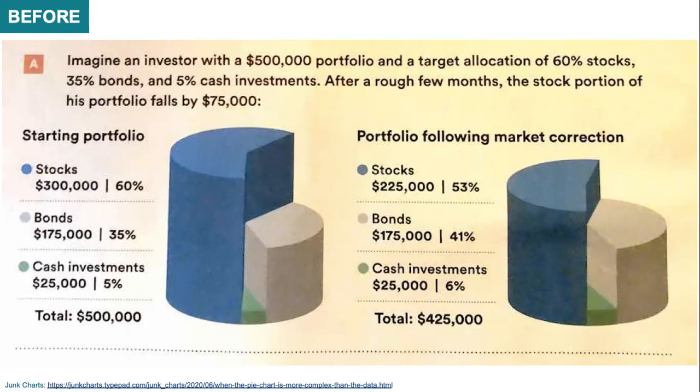I agree. Yes, it's unclear what the focus is meant to be. There's so much going on that it's unclear what exactly this visual is trying to tell me about either this person's portfolio or what the stock market was trying to do.